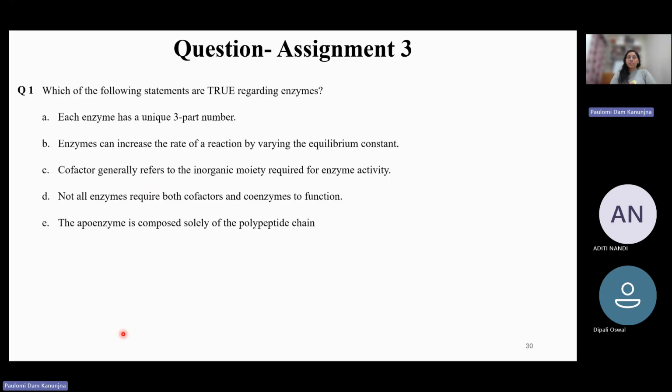We need to remember the features of enzymes. This one is easy, right? You are just supposed to tell me which of these are true for enzymes.